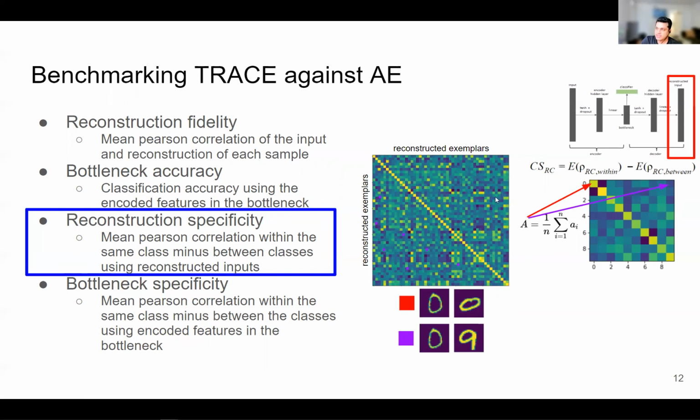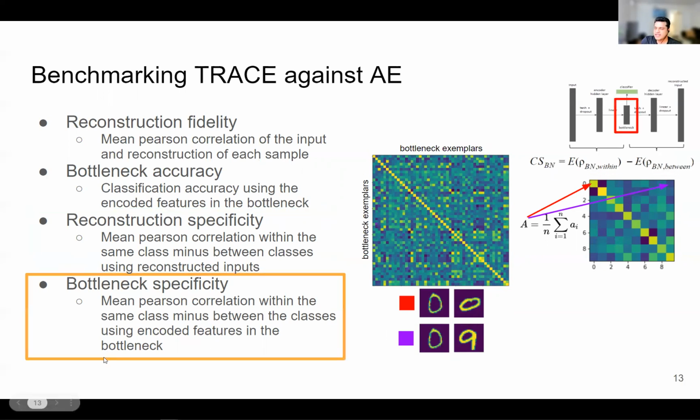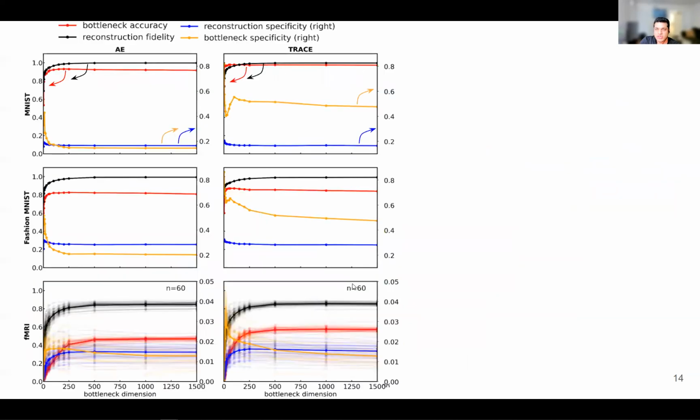So reconstruction specificity is the mean of the within class correlation minus the mean of the between class correlation. And bottleneck specificity is calculated exactly the same way, but we are using the features in the bottleneck exemplars instead of the reconstructed ones. So here are the four metrics and two networks and three data sets that I just talked about.